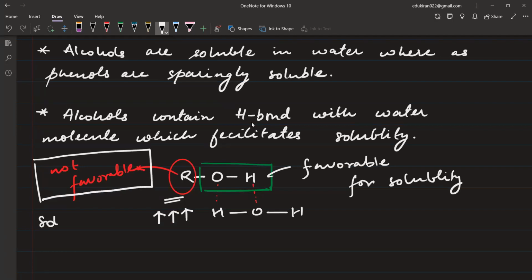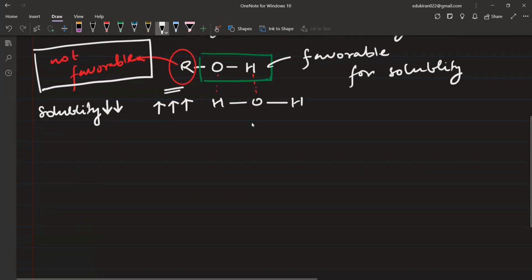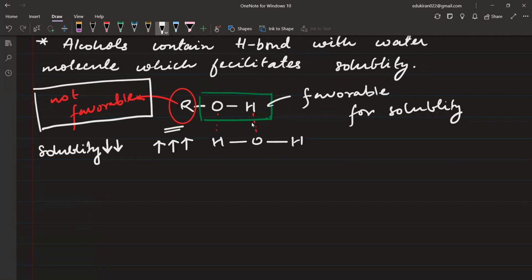And that is why what will happen to the solubility? Solubility will decrease. Very good. All of you understood this? Yes, sir. Okay, right. Next.